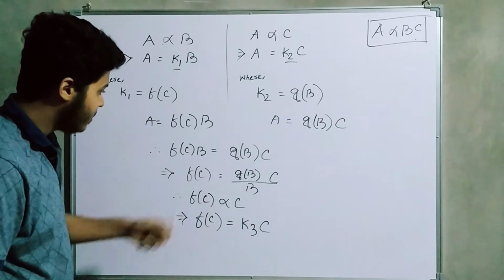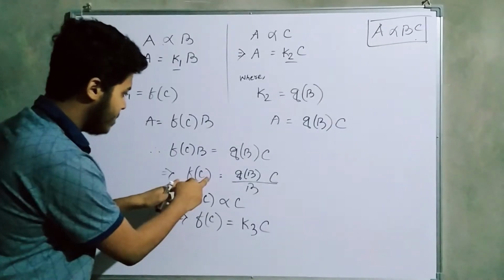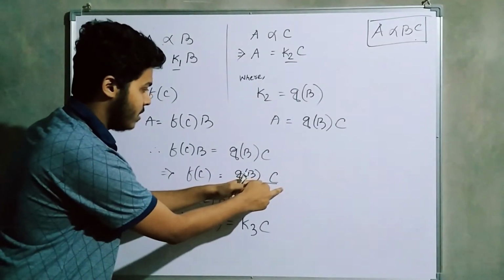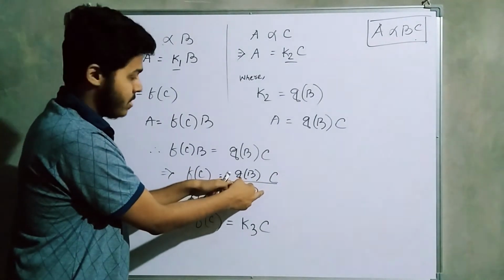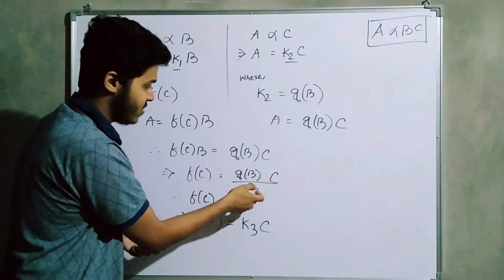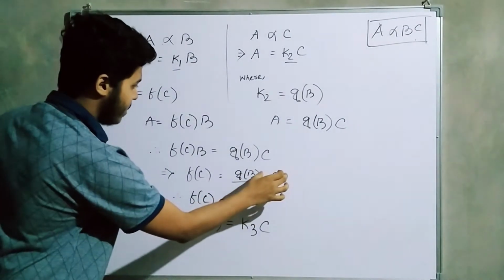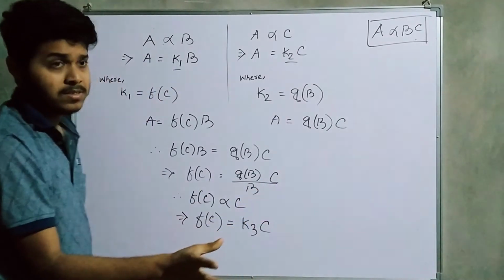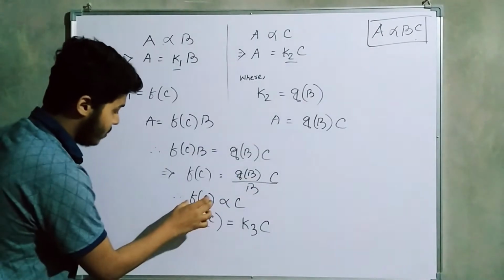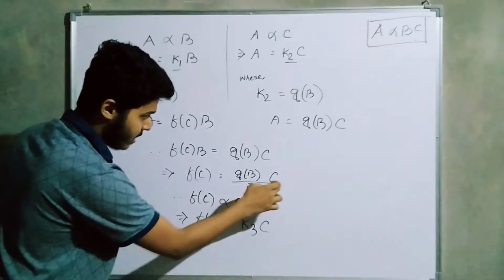And I can say from this that f of C is proportional to C, just like I can say f of C is inversely proportional to B. I'm just not going to take this case for B or G of B. I'm just going to consider the relationship between f of C and my quantity C. So f of C is proportional to C, right? I can see it's linear.